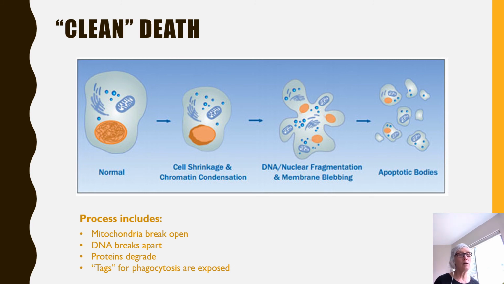Proteins inside of the cell are degrading, and that accounts for cell shrinkage. Mitochondria start to fall apart, releasing their contents, and that in fact drives a lot of the apoptotic process. Ultimately, flags or tags are placed on the cell surface of a cell undergoing apoptosis, such that the phagocytic immune cells, neutrophils and macrophages, can engulf the apoptotic bodies or the fragments of a cell that are ultimately produced.